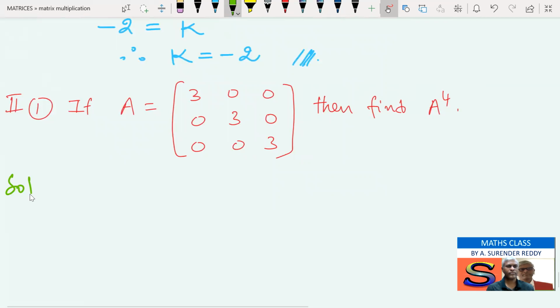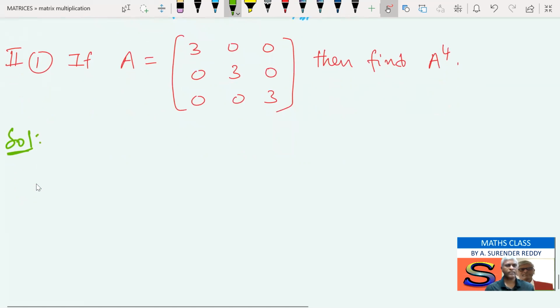Now look at this. Clearly it is a diagonal matrix.